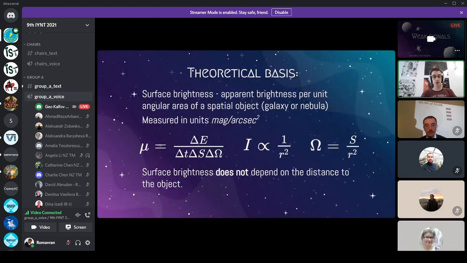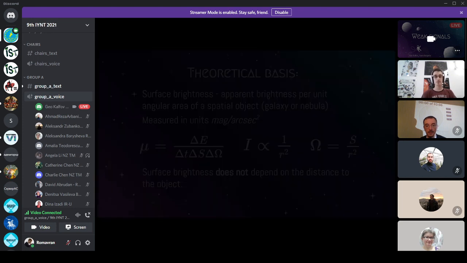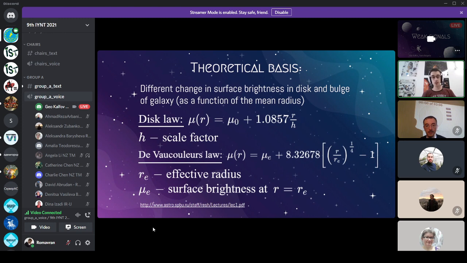We then define surface brightness as this apparent brightness per unit solid angle of the object. And since the intensity and solid angle drop according to an inverse square law, surface brightness does not depend on the distance to the object. The change of the surface brightness in the components corresponds to different laws, the disk law and the de Vaucouleurs law, which are shown here.